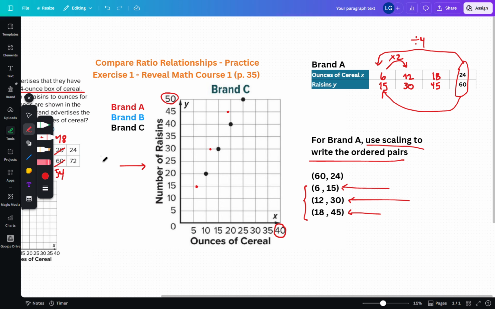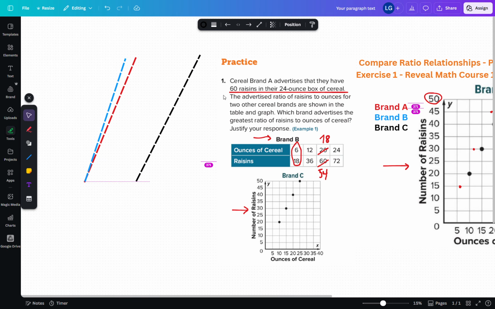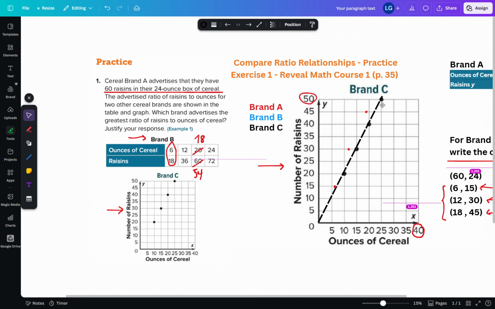I'm gonna graph the point, and I have these 3 points that are going to represent the brand A. Okay, and I already have the lines that I'm going to use. And for the brand C, the black one, I can place the line here, and look how the three points seem like they are on this line.